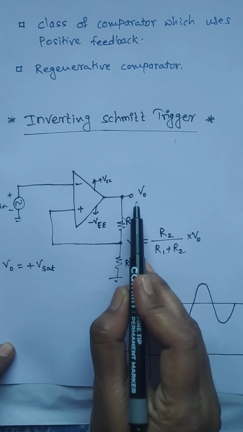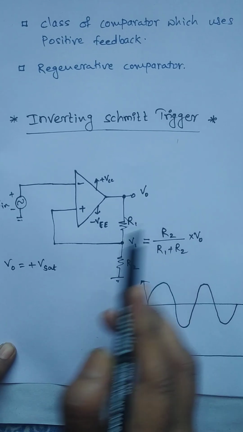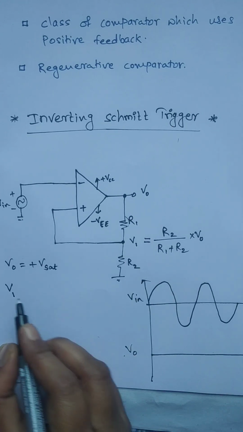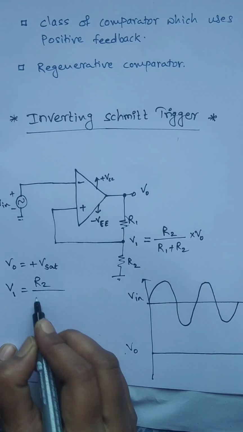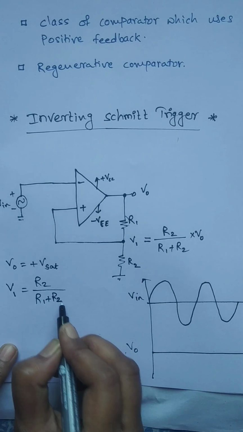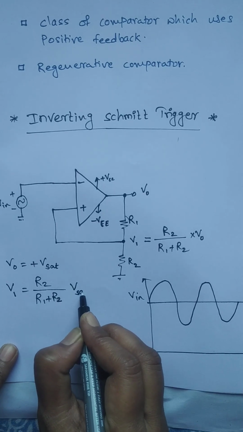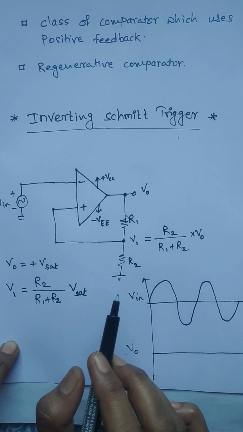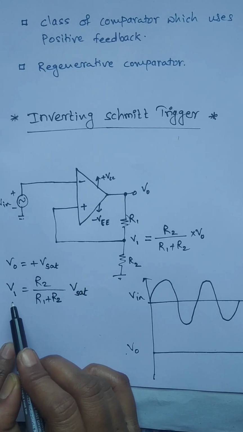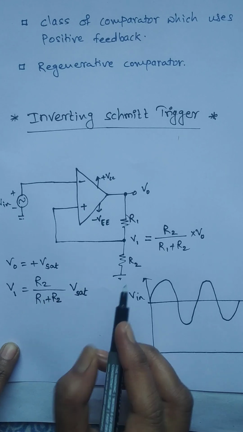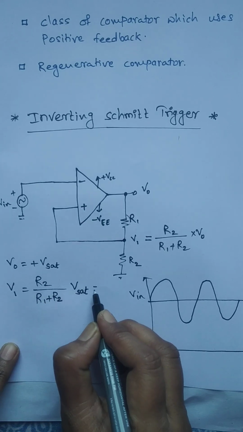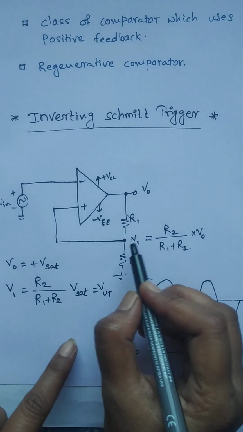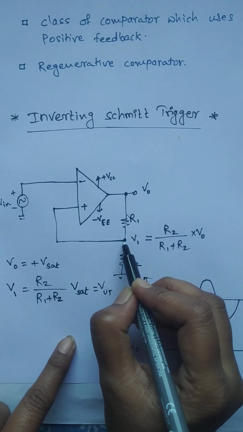So if initially V output is equal to plus V saturation, the value of V1 will be equal to R2 upon R1 plus R2 into plus V saturation. This value is fixed, V saturation is also fixed, so V1 is also fixed, and this value of V1 we are calling VUT, the upper threshold voltage.